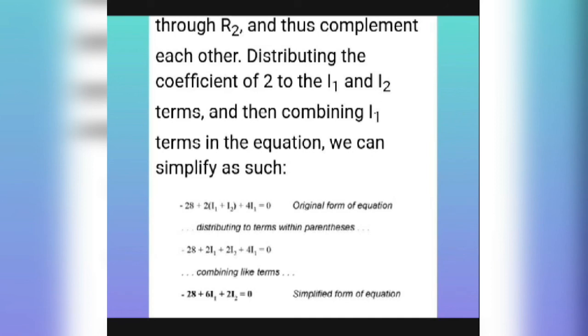We can simplify as such: -28 + 2(I1 + I2) + 4I1 = 0. Distributing the terms within the parentheses, the simplified form of the equation is -28 + 6I1 + 2I2 = 0.